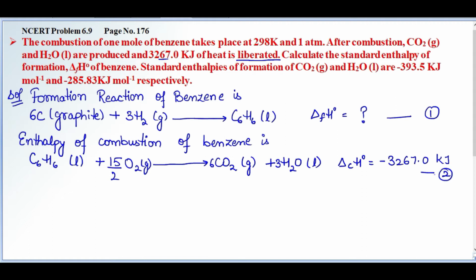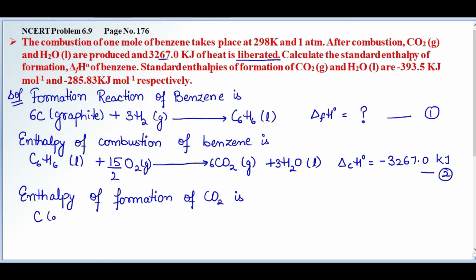Okay, now they have given me third value, that is enthalpy of formation of carbon dioxide. So you just write enthalpy of formation of carbon dioxide, CO2, is, again, how can I prepare carbon dioxide?